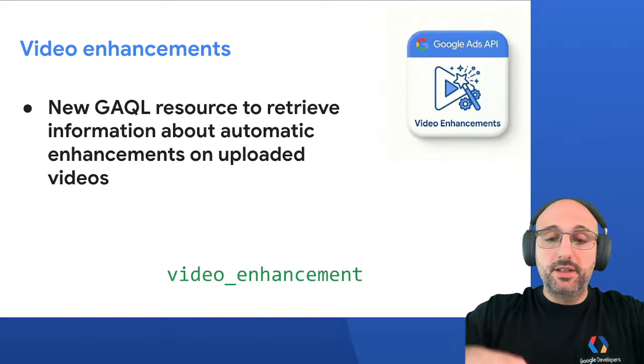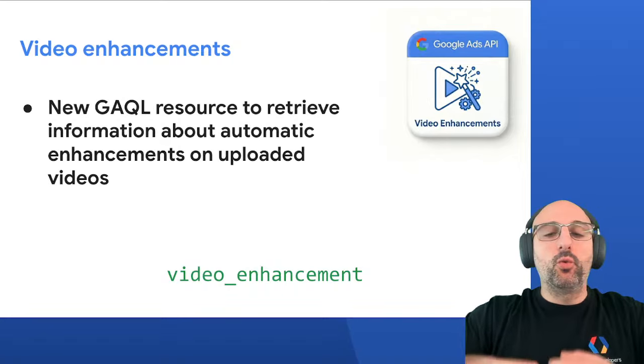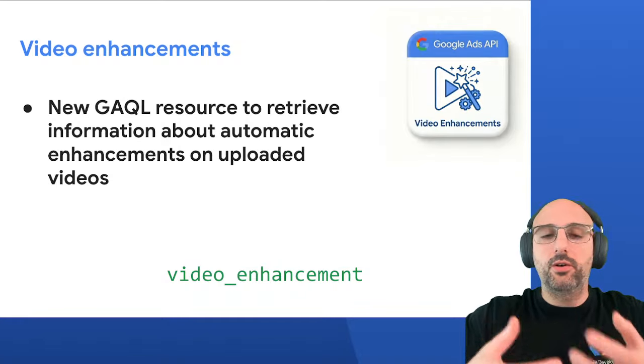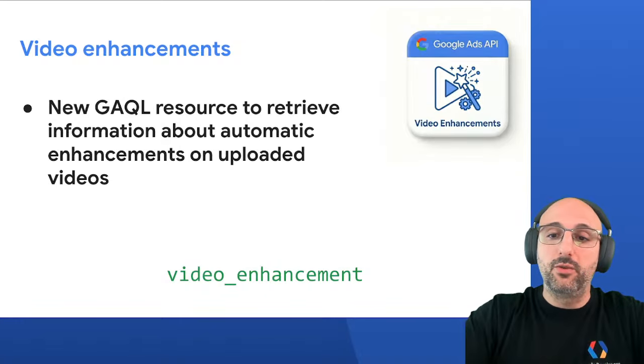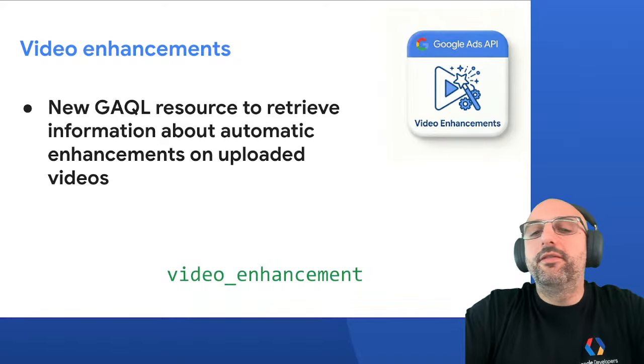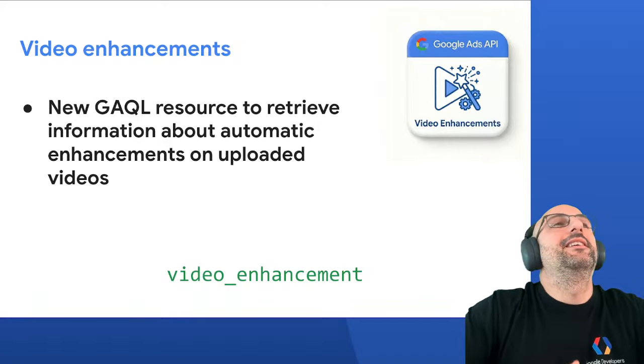So this is new in V23.2, and if you want to know which video enhancements were automatically performed by Google Ads, and if you want to know how they are performing, if they are actually doing better than your original videos or not, you can also query for metrics about each video enhancement. We have some more features in V23.2, but this is probably my favorite highlight.